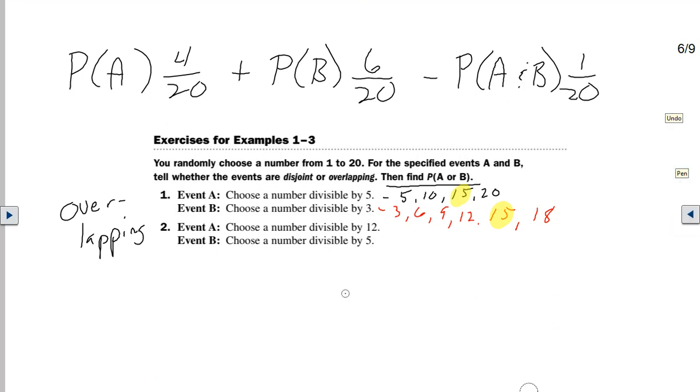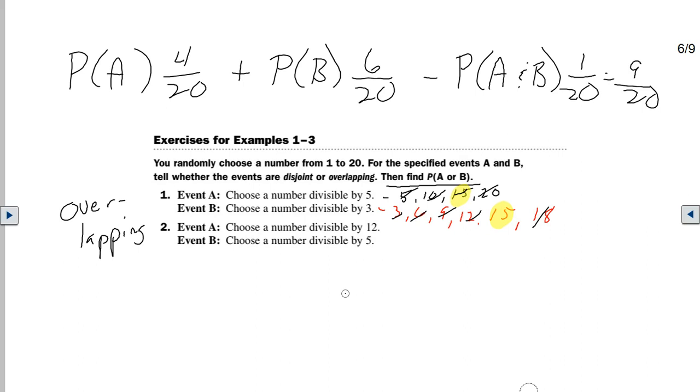There's one that they both have in common. So 4/20 plus 6/20 minus 1/20 gets us 9/20. And again, if I count those, 1, 2, 3, 4, 5, 6, 7, 8, I've already counted the 15, don't count it again, 9. So we can see that we have a 9 out of 20 chance.